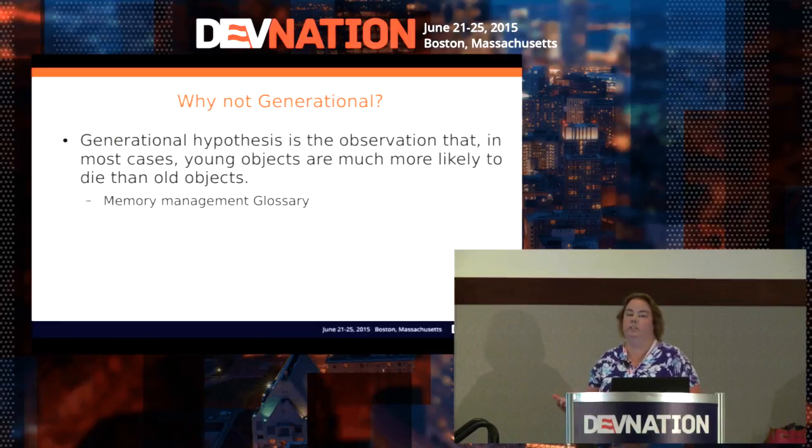This is certainly true for languages like Smalltalk and Lisp, where you're doing lots of small allocations. It was true for SpecJVM 98. It's not quite clear that it's true for our applications in 2015. So we want to push non-generational Shenandoah as far as we can before we revert to a generational GC.